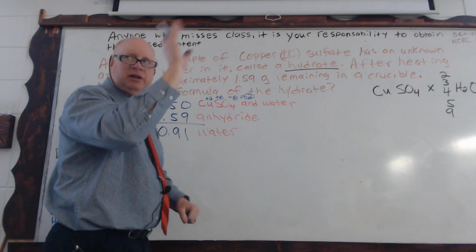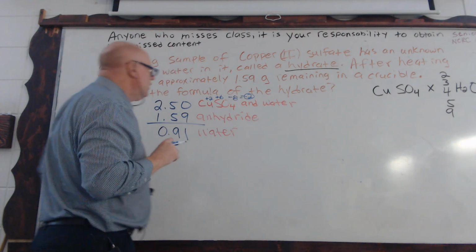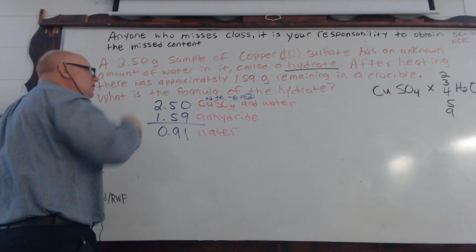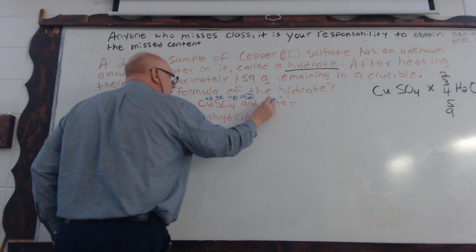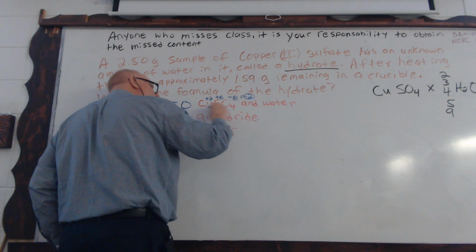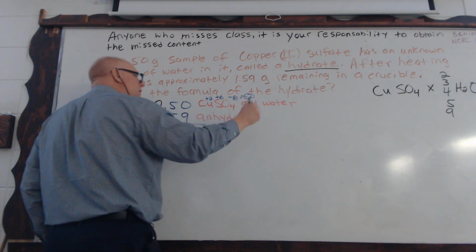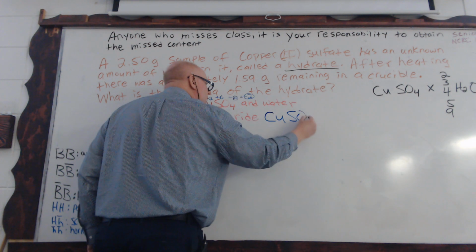It just does not release that in all of this anhydride now. So then, if this is the copper 2 sulfate and the water, and then this is the water, what's the only thing left from what we started with? So this is your copper 2 sulfate.